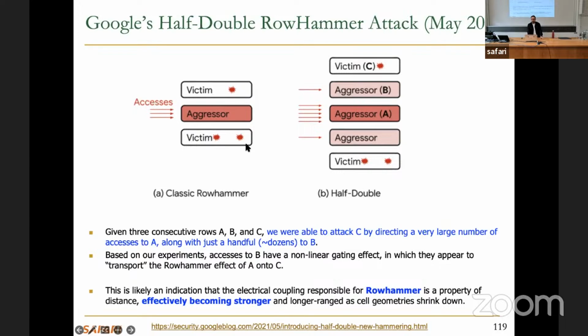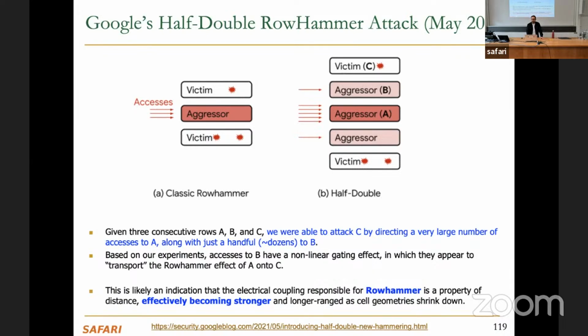So the question is, if I keep accessing this aggressor row very frequently, and I trigger some victim row refreshes targeting these immediately adjacent rows, can I hammer these immediately adjacent rows to induce bit flips in the rows two rows away? The answer is yes, but not very straightforward.